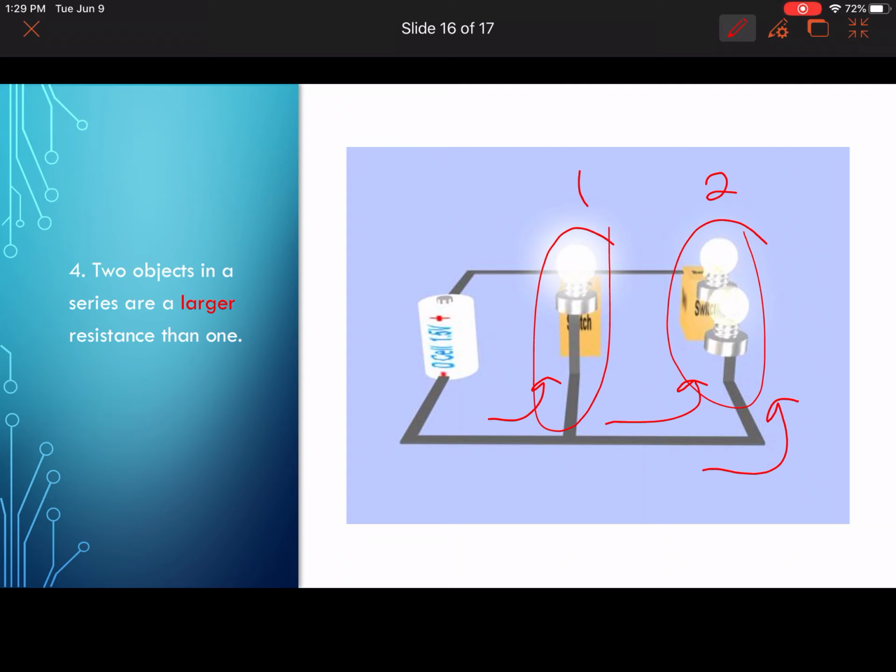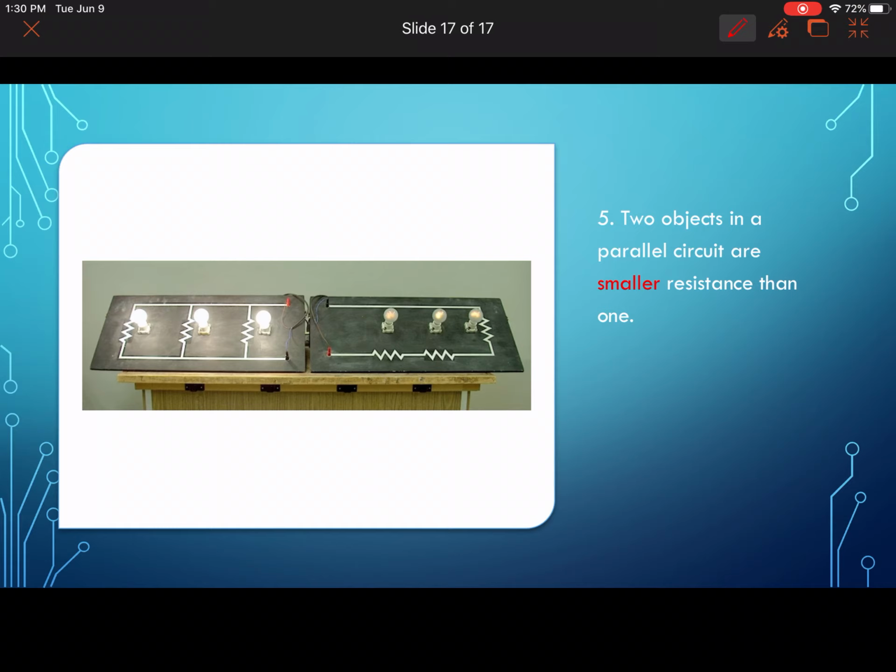If you have two things in parallel, it's a smaller resistance than if you just had one thing. You can see that here. These ones are in series, and these ones are in parallel, and that's why you get the differences.